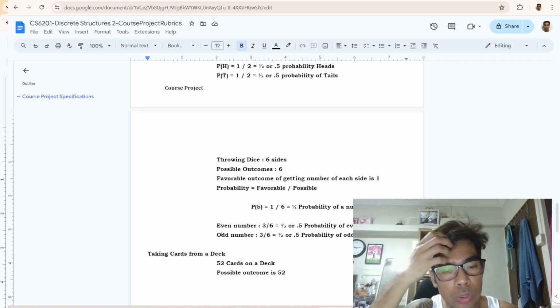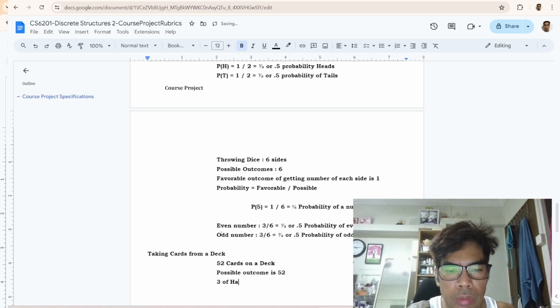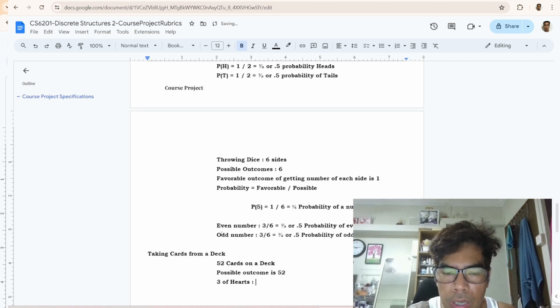It depends on the requirement of what we're asking, which probability. Let's do the probability first for one specific card. If we want to draw a three of hearts, how many favorable outcomes? There will be only one favorable outcome.